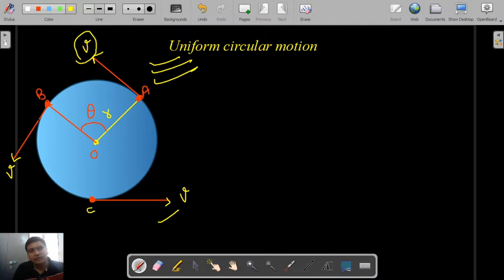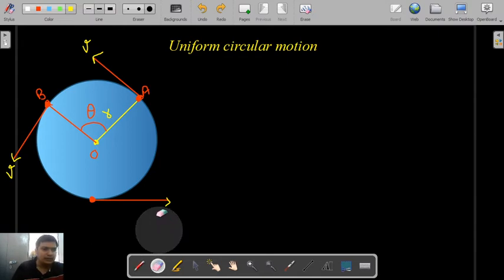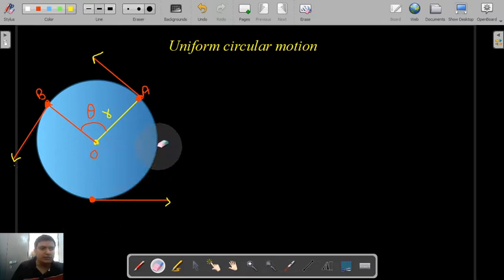Now we have to also understand what will be the non-uniform circular motion. Suppose, let's erase some things. Suppose this is the same circle which we had taken previously, and now suppose this is a point C, and somehow the velocity at point A is v1, the velocity at point B is v2, velocity at point C is v3.